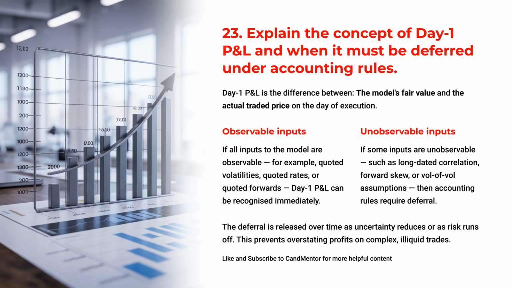But if some inputs are unobservable, such as long-dated correlation, forward skew, or vol-of-vol assumptions, then accounting rules require deferral. The deferral is released over time as uncertainty reduces or as risk runs off.